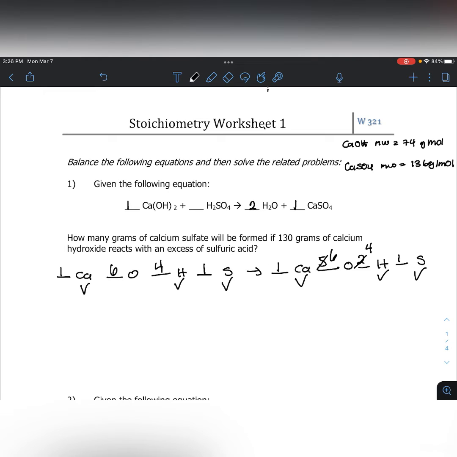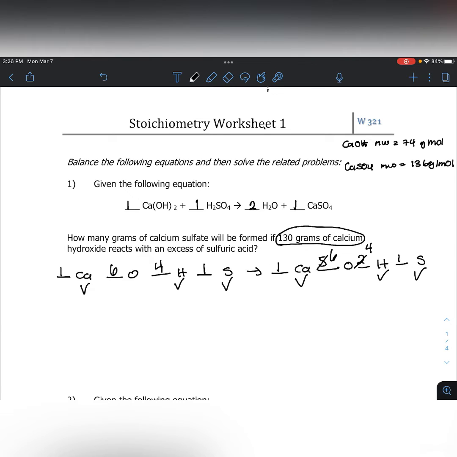All right, now that we have a good balanced equation, we can start reading the problem. It says, how many grams of calcium sulfate would be formed if 130 grams of calcium hydroxide reacted with excess sulfuric acid?